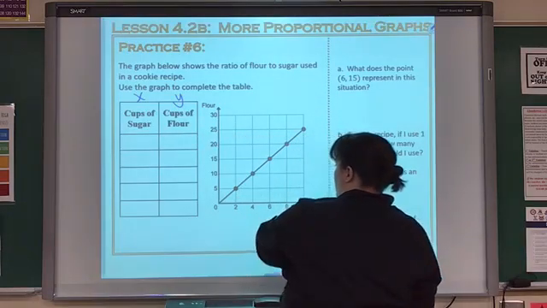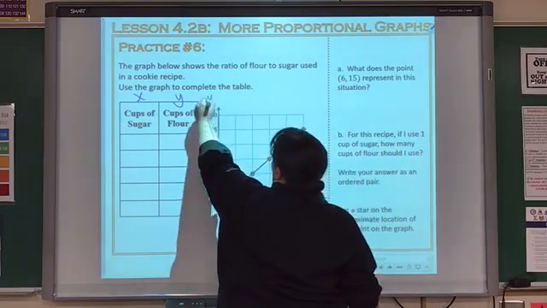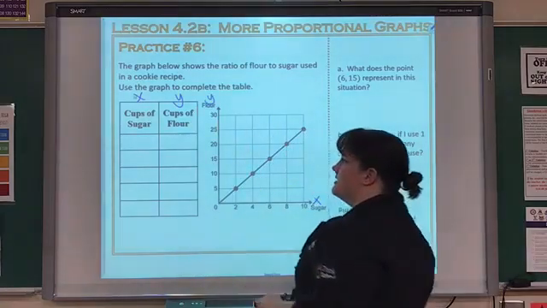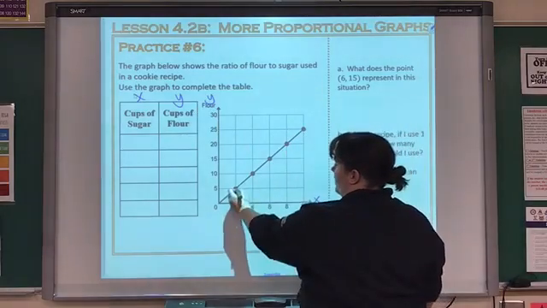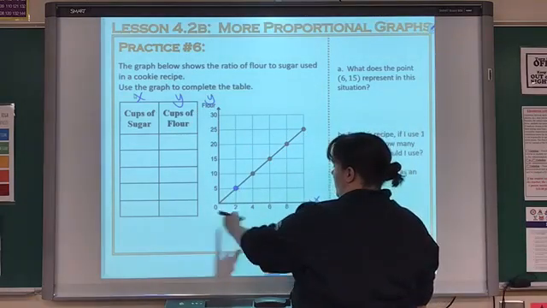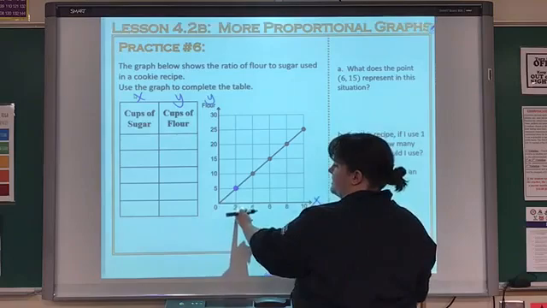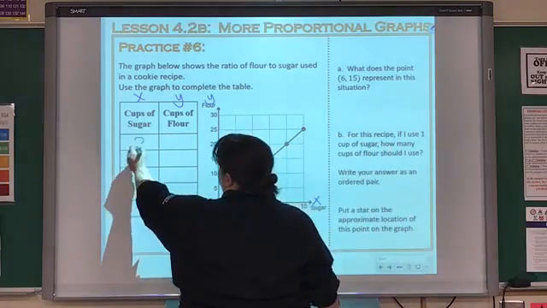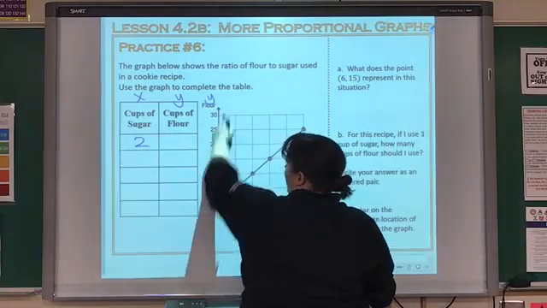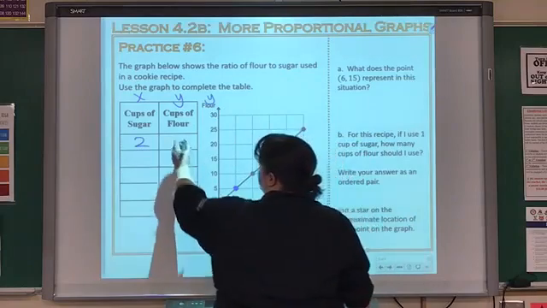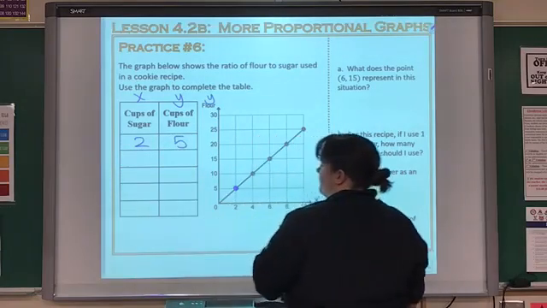Okay? That means sugar is going to be our x-axis, flour is going to be our y-axis. So, looking at this first point, our sugar amount, our x-axis, is 2 cups, and our flour amount, which is our y-axis, is 5 cups.